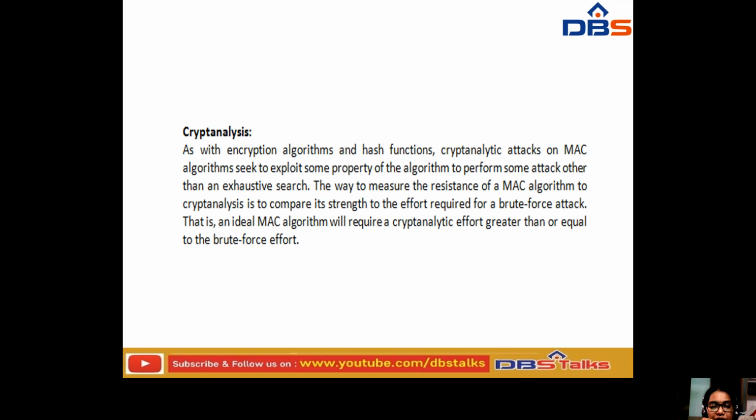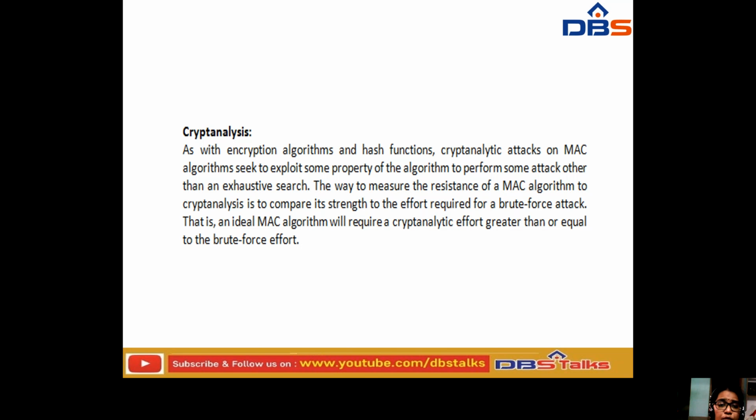An ideal MAC algorithm requires a cryptanalytic effort greater than or equal to the brute force effort. If it is less than the brute force effort, then it is easy to attack, but if it is greater, it is more difficult to cryptanalyze that algorithm.